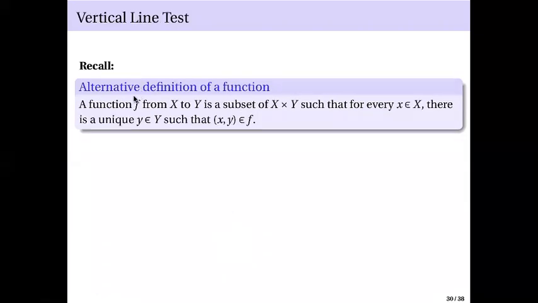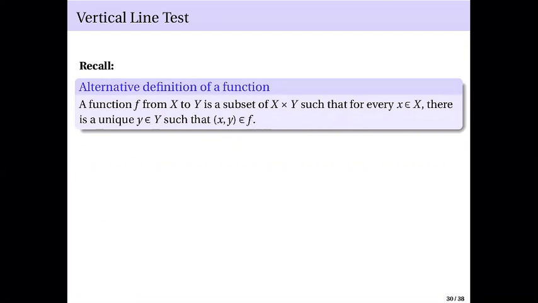Now, we recall the alternative definition for the function. Of course, if you have a function f from X to Y, it is also a subset of X cross Y such that for every x inside X, there is a unique y in Y such that (x, y) is in the function. So this is just a recall.